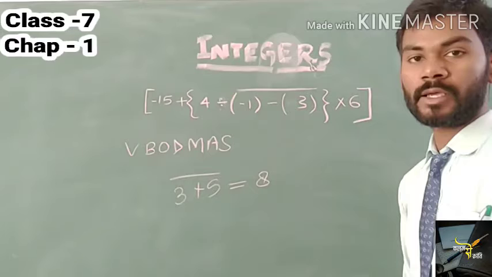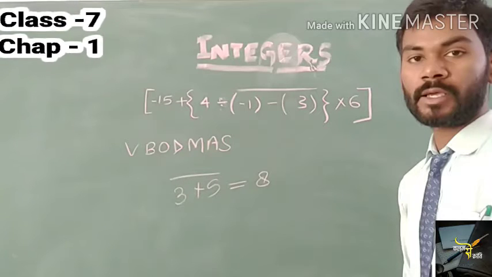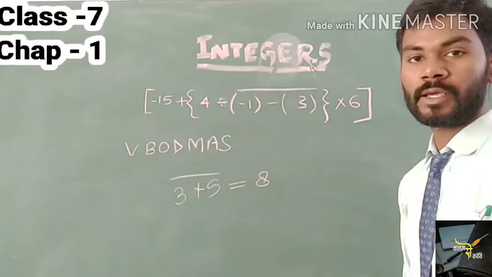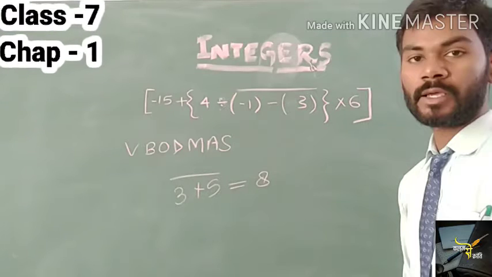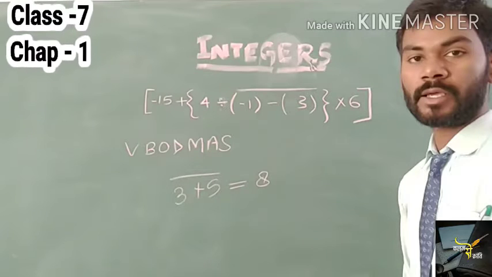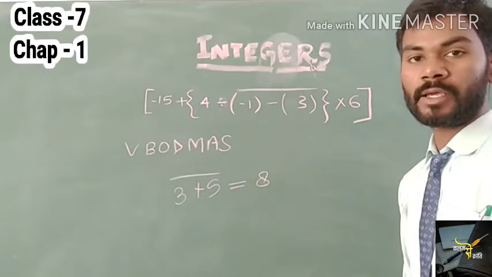So let us see. Here first of all we shall solve the number having the bar. That means this will be equal to -15 plus 4 divided over -1 -3 bar, multiplied by 6.